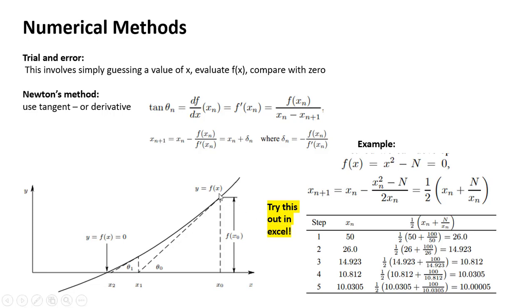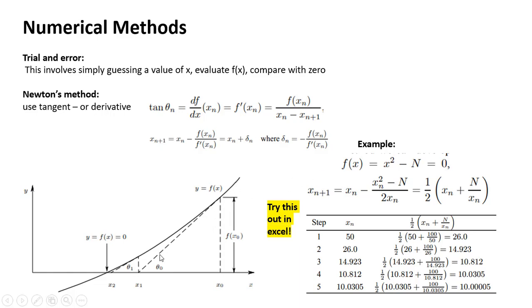Okay, so what Newton does, and Newton is one of the fathers of calculus, is use the slope of the line to try and make closer and closer guesses to where this goes to 0. So if you look at the tangent of the curve, remember the derivative, that's just the slope of a line, rise over run.